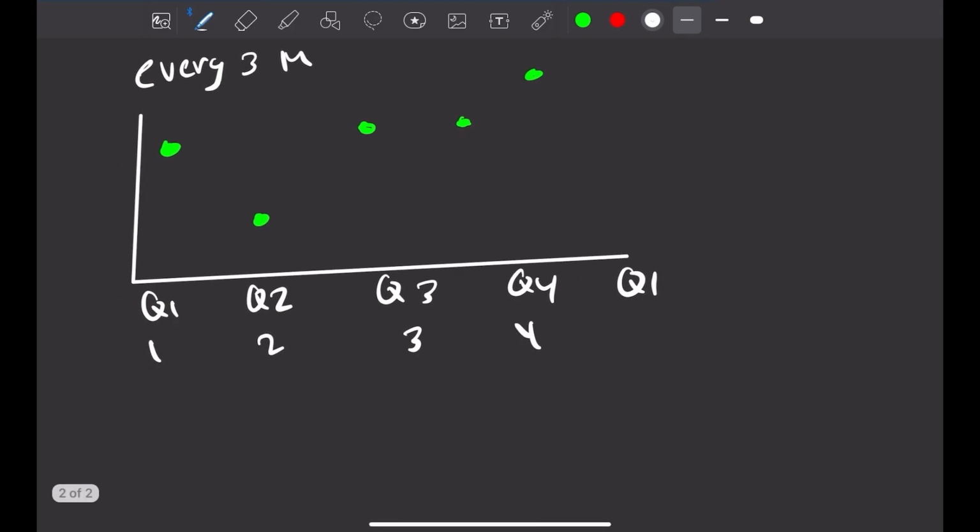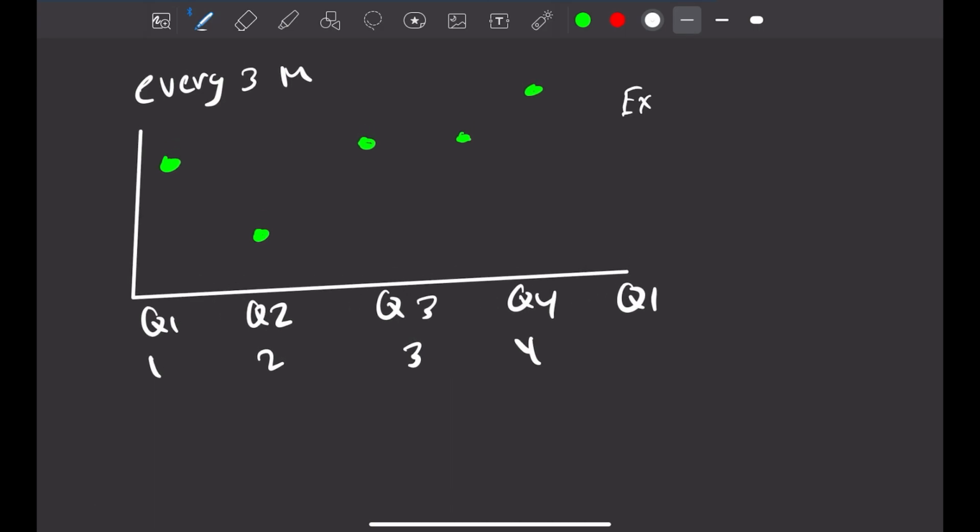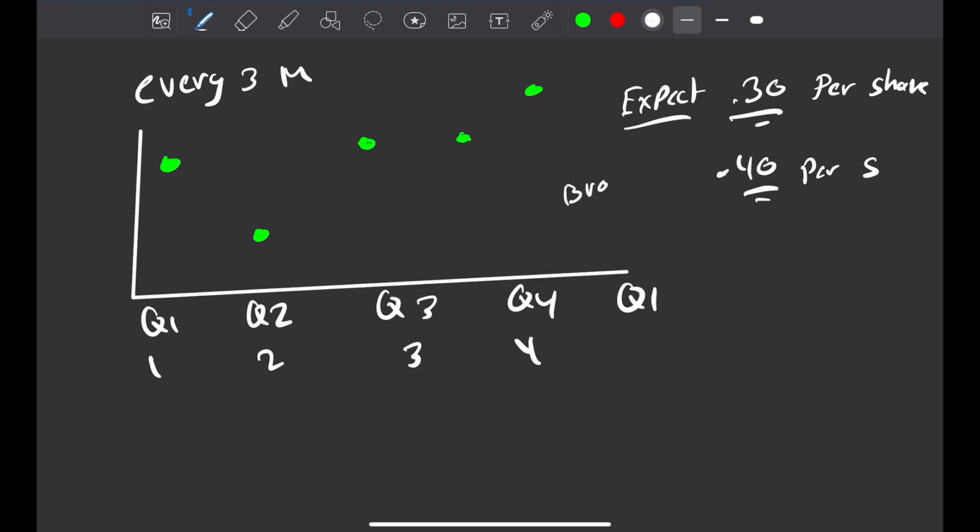Okay, so let me backtrack real quick. Companies usually expect a certain amount. So let's say they expect 30 cents per share. But if their actual earnings is 40 cents per share, that means their expectations were broken, or beaten.